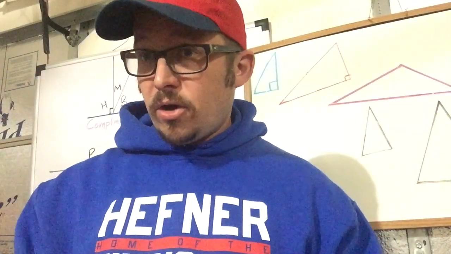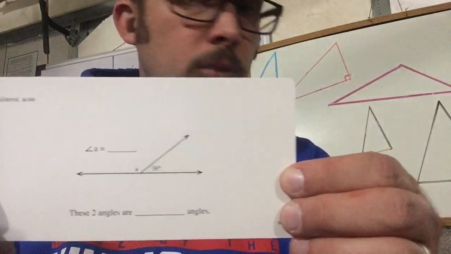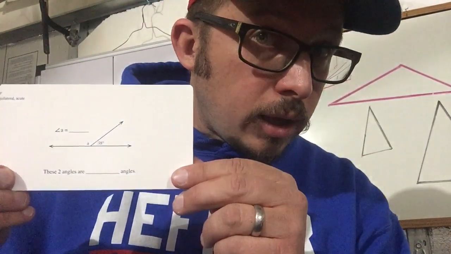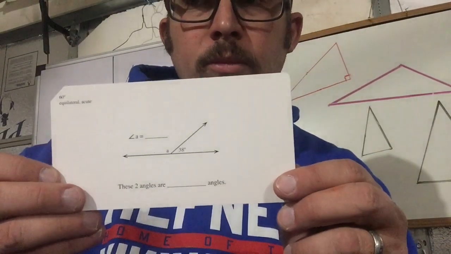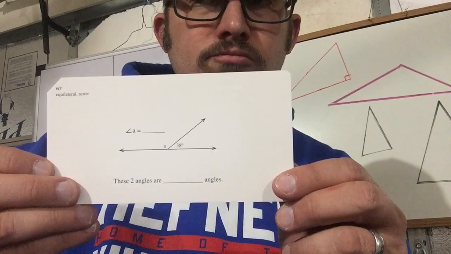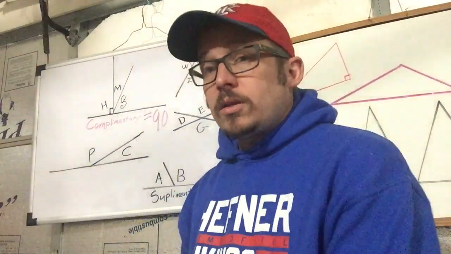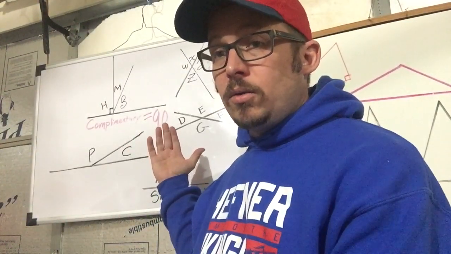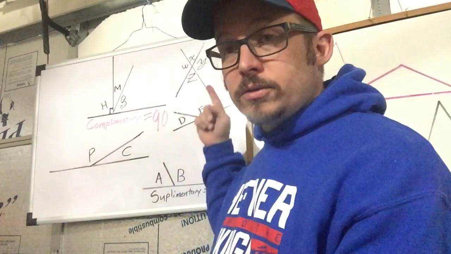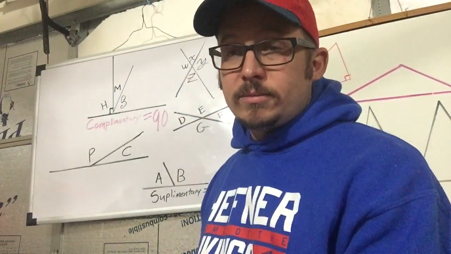So, how about another card, y'all? Together, the 38-degree angle and angle A are what? Also, what is the measure of A? So, let's look at this some more. If we have any one of the angles in two intersecting lines, we can figure out the rest.